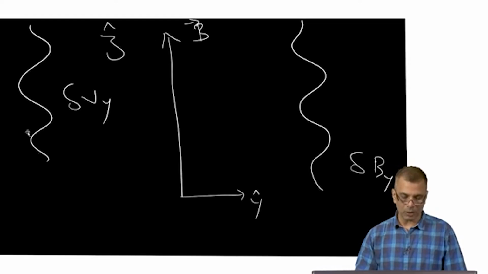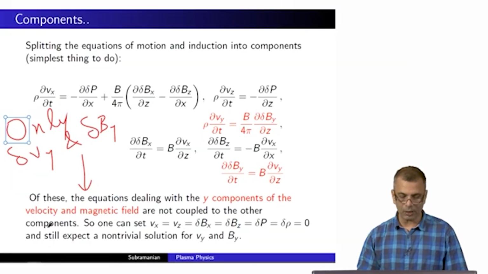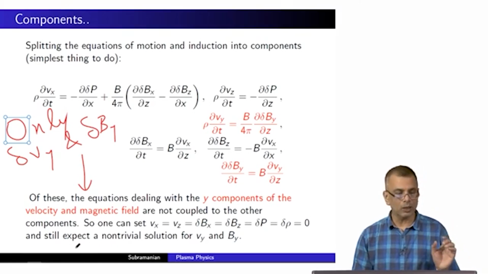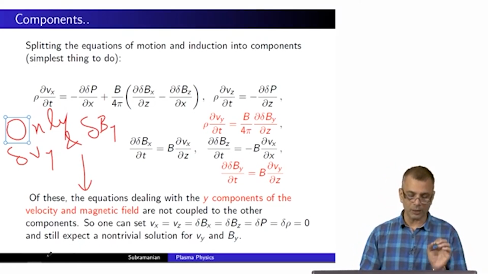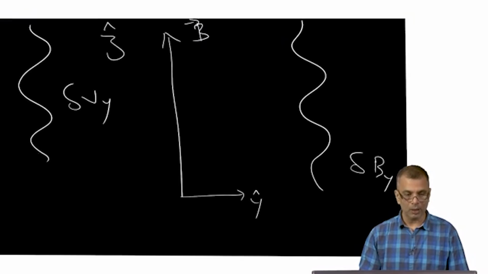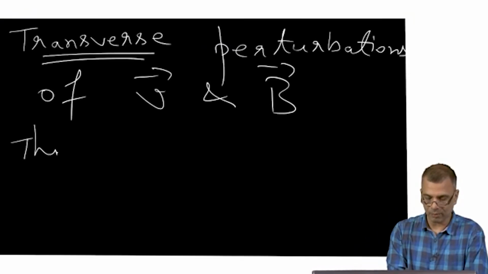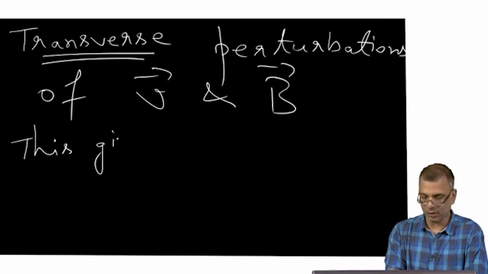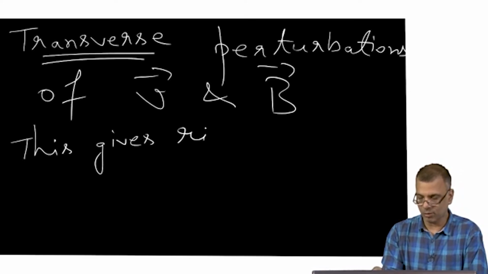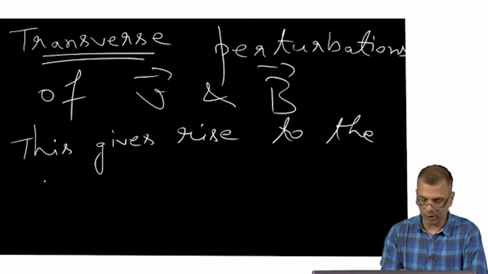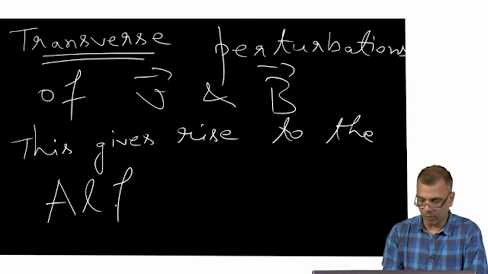So that is the main thing I want to emphasize here. We are considering a mode that arises only from transverse perturbations of V and B. This gives rise to the Alfven mode.